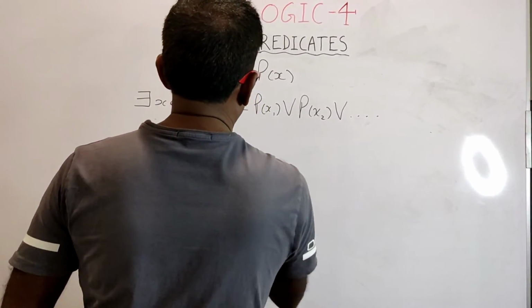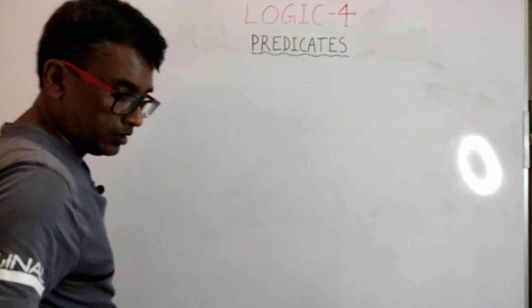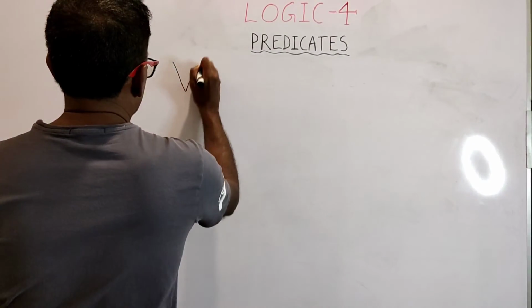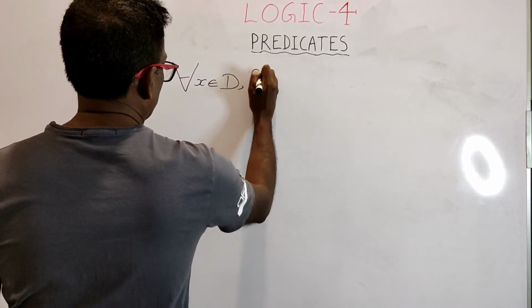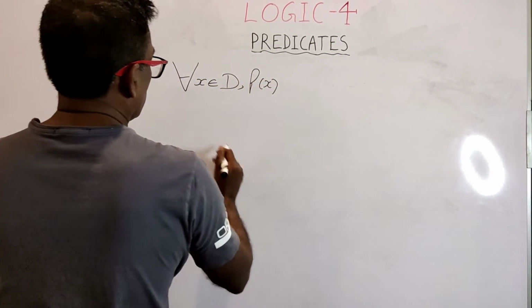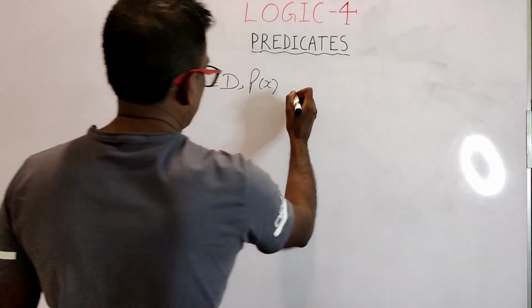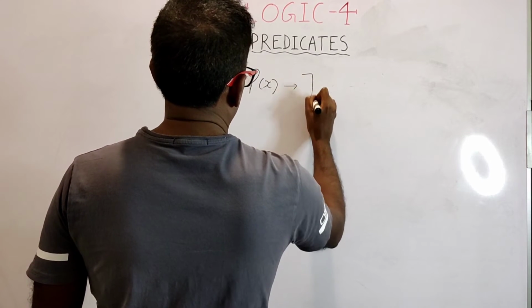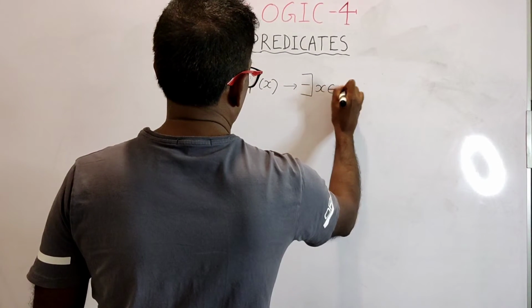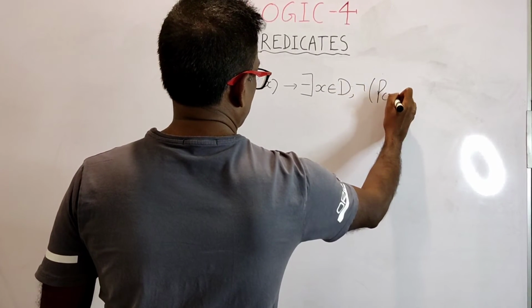Now again, to summarize the entire thing, if one comes up with a statement involving the universal quantifier, to disprove this we have to prove that there is an x in D which does not agree with this property.